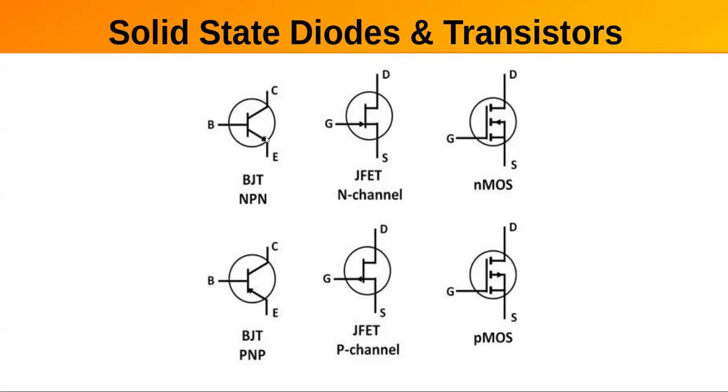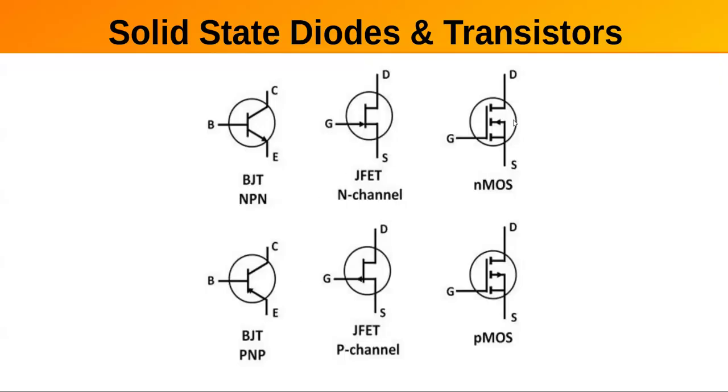And it has a little arrow showing the current flow, not electron flow. Old Benjamin Franklin again. And that's for an NPN.